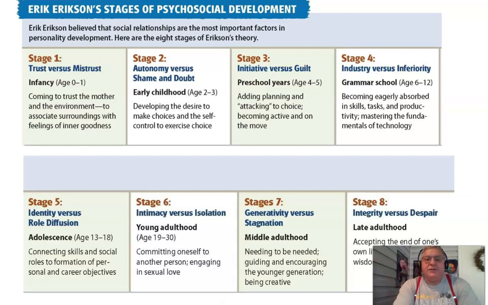Stage 7 is generativity versus stagnation, which is middle adulthood. This is where we're needing to be needed, guiding and encouraging the younger generation and being creative. Finally, stage 8 is integrity versus despair. This is when you're accepting the end of one's own life cycle, achieving wisdom and dignity.